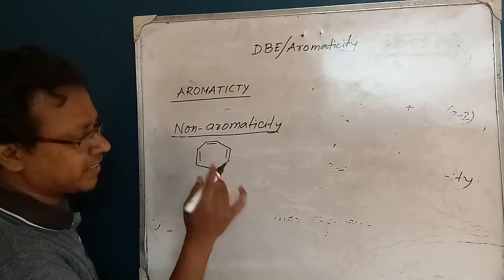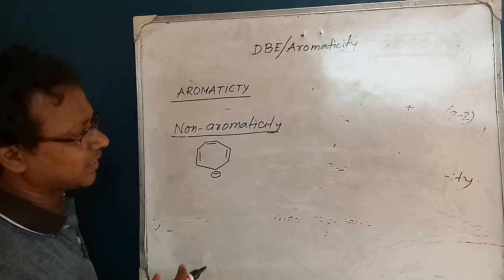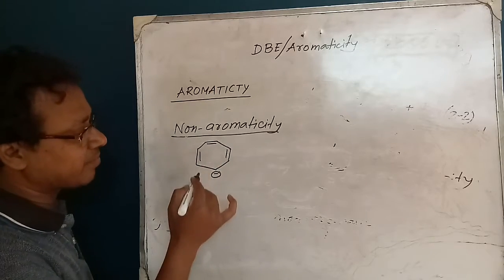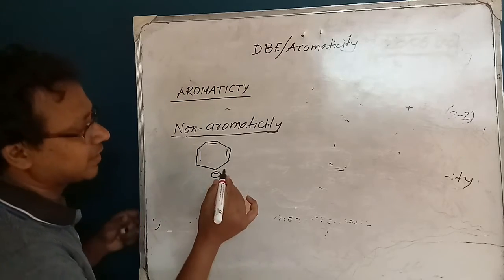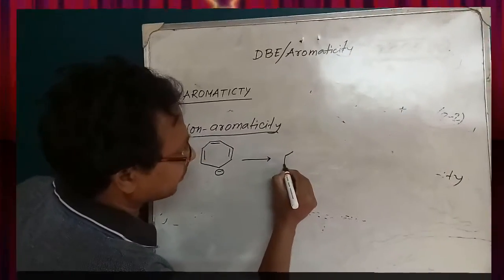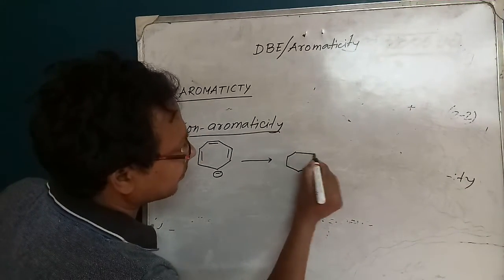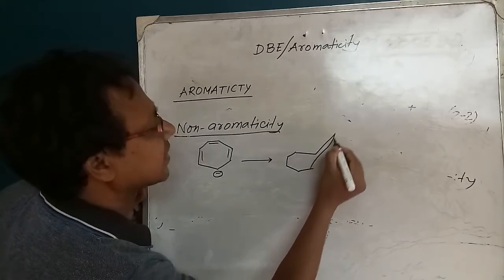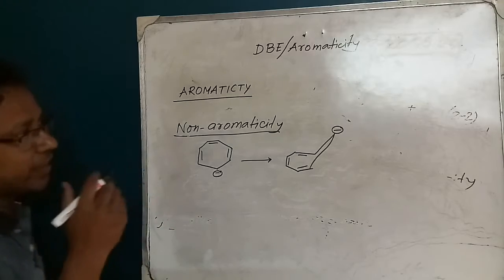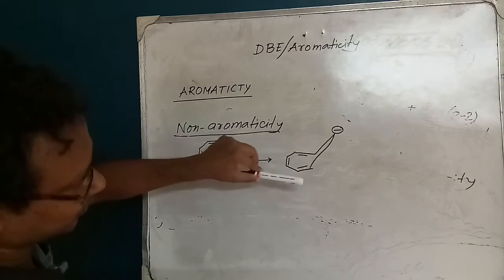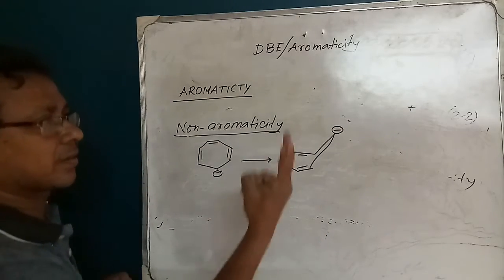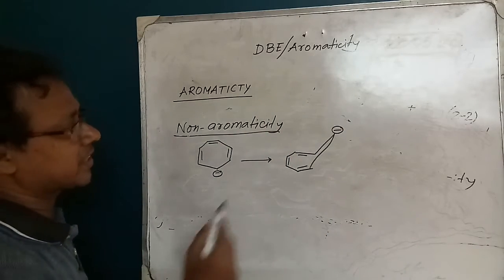These can easily overlap with each other to delocalize the pi electronic system, but it also suffers angular strain. So this type of structure is attained.